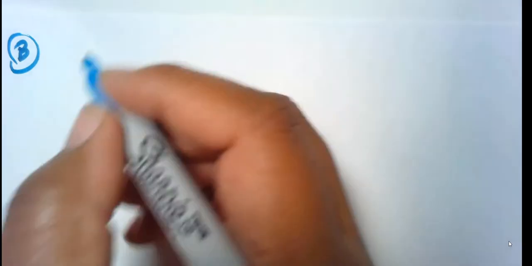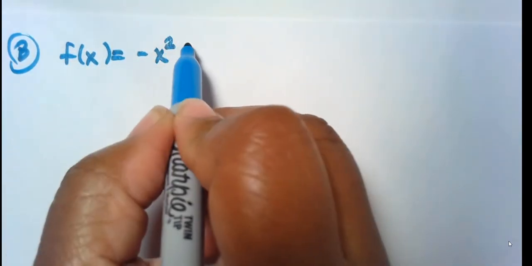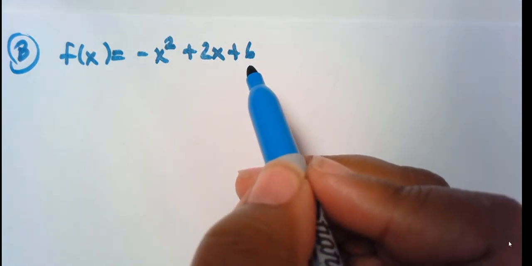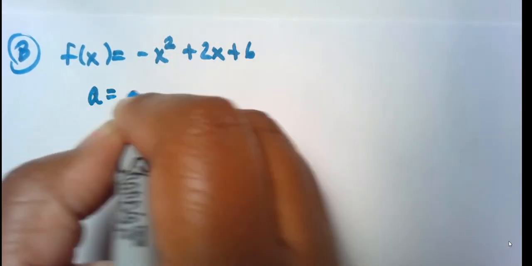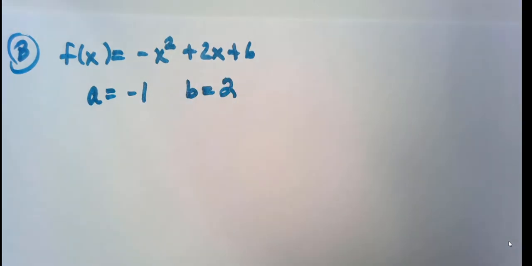Example B, still on the same page. We have f of x is equal to negative x squared plus 2x plus 6, and I want us to find the vertex. So identify your a. Here it is negative 1. Identify your b. This will be 2.